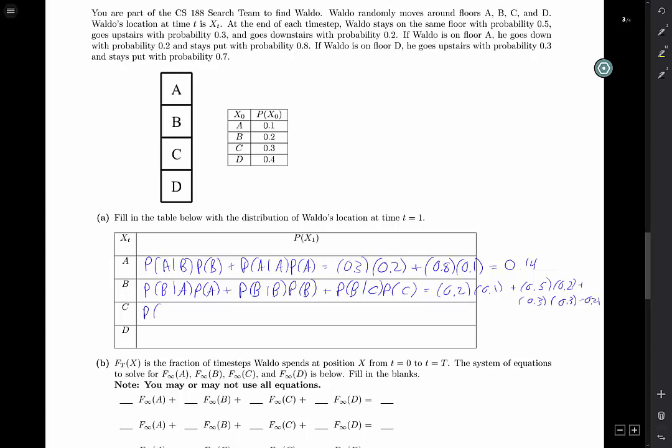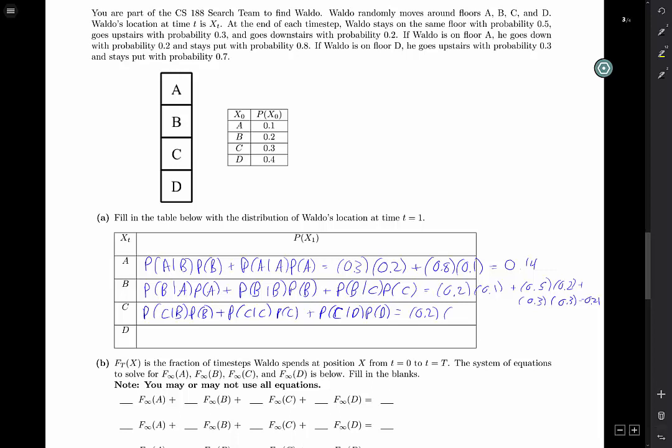So we'll do the same thing. What's the probability that I got to C because I came down? So basically that I was in B, plus the probability I stayed, plus the probability that I went up. So the probability I went down is still 0.2.